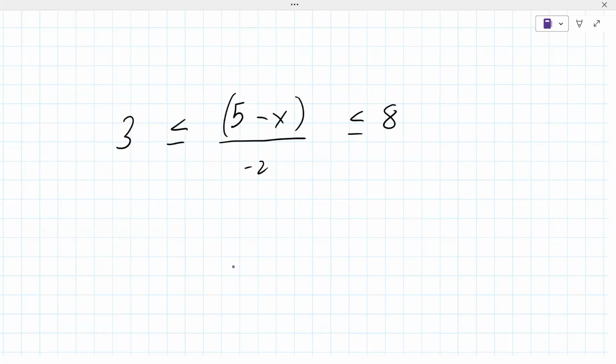Then greater than or equal to. And then check that.